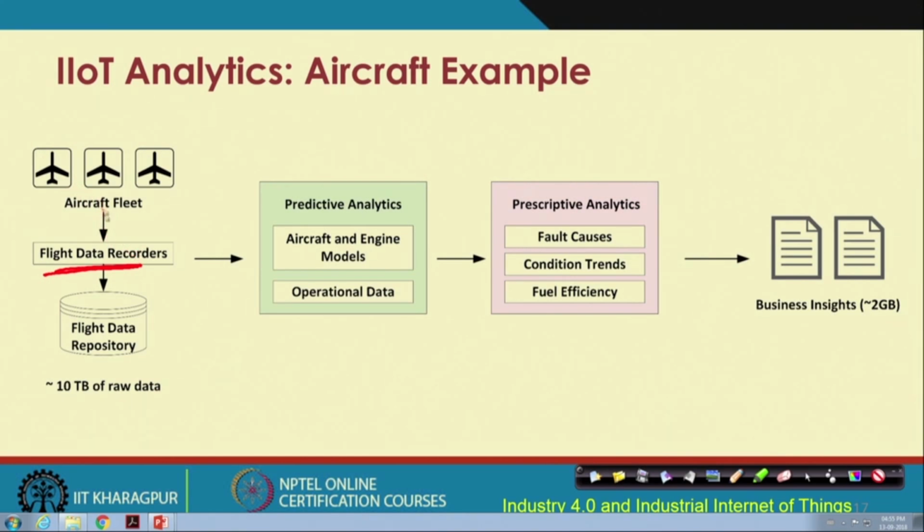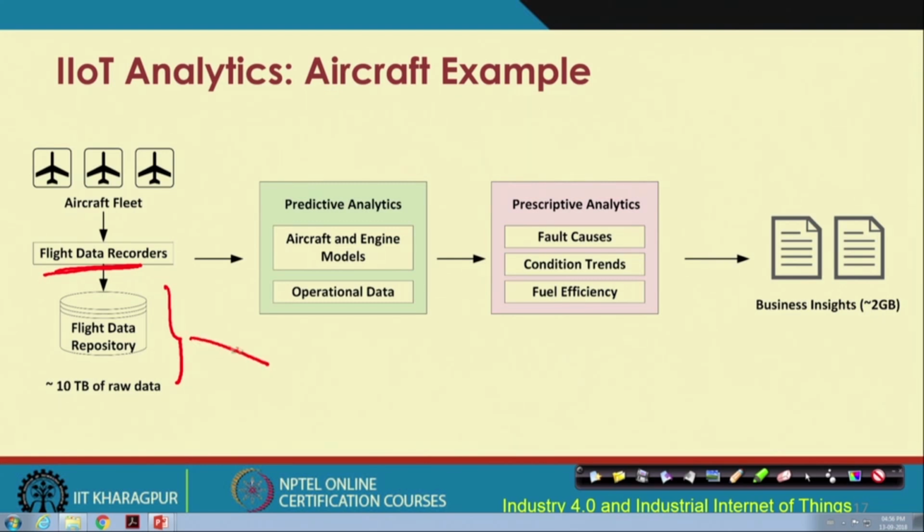These data could be sensor data and different other data, all stored in these flight data recorders. For every flight, terabytes of raw data are produced, right, terabytes. So, huge volumes of data are stored.